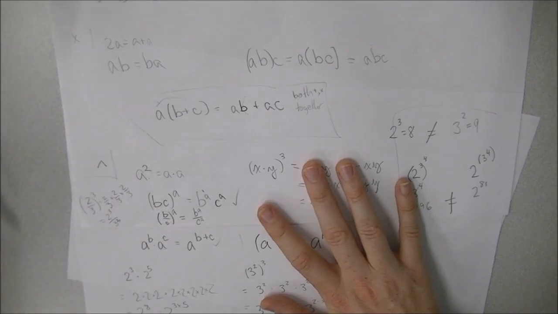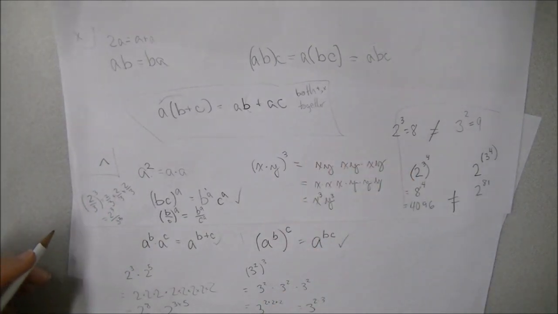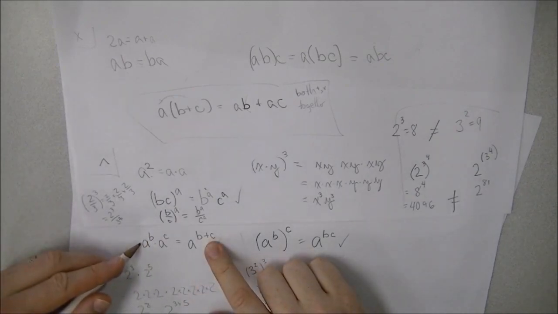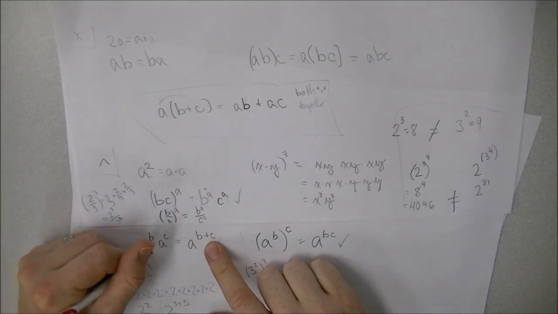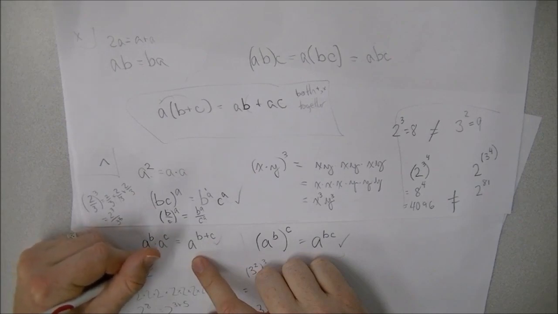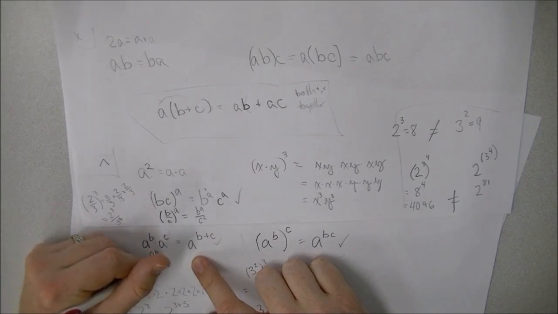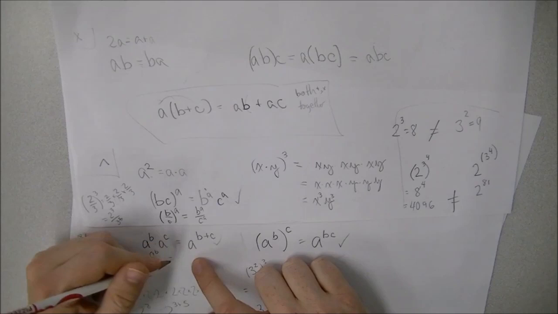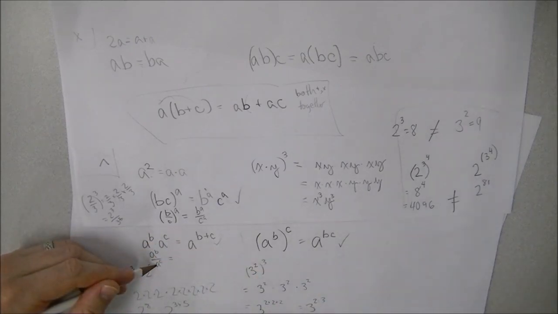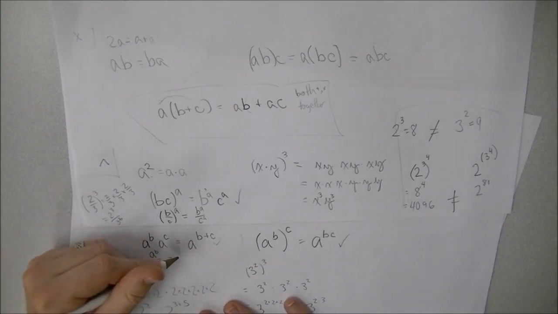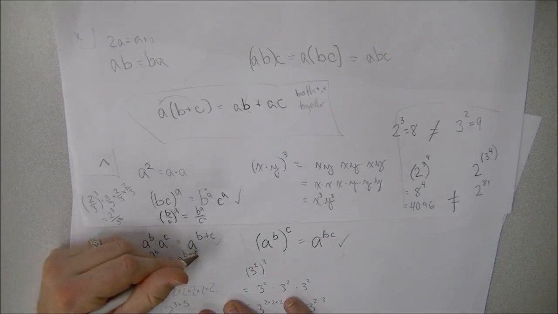All right. What about if I had, let's move on down here to this one. What if I had a to the b divided by a to the c? Well, it turns out that dividing by an exponent with the same base is going to turn into subtraction in the exponents.